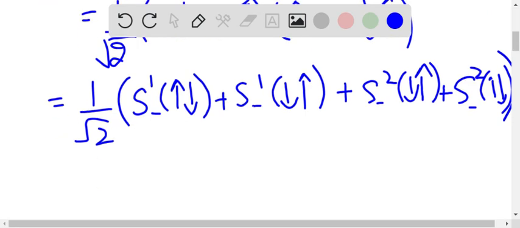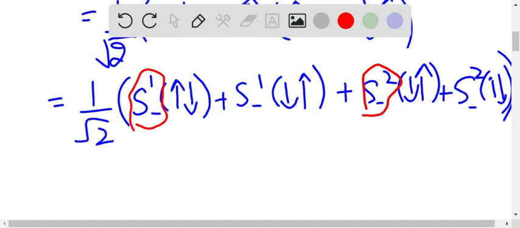Over here, if you notice, S negative 1 can only act on the first particle, the first arrow, and S negative 2 can only act on the second particle, that is the second arrow.